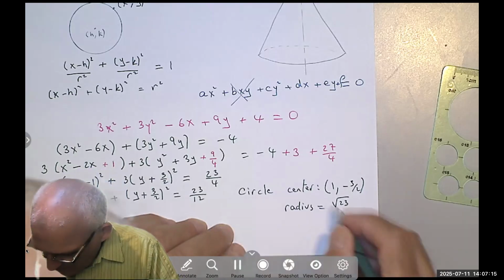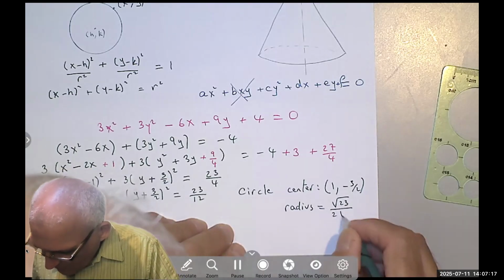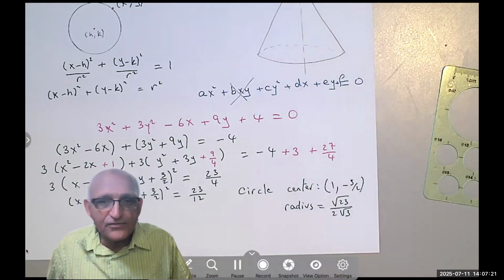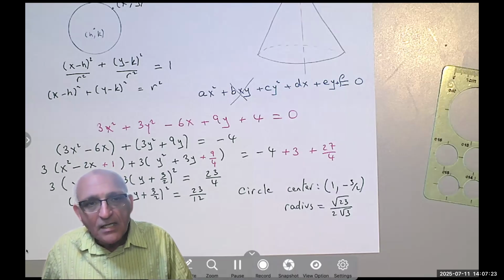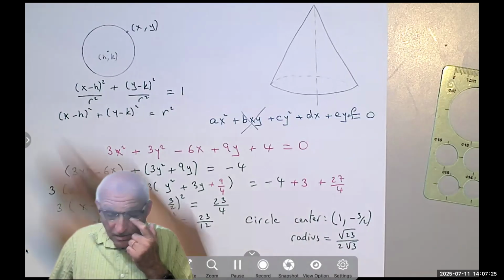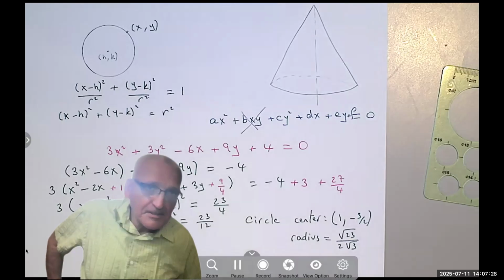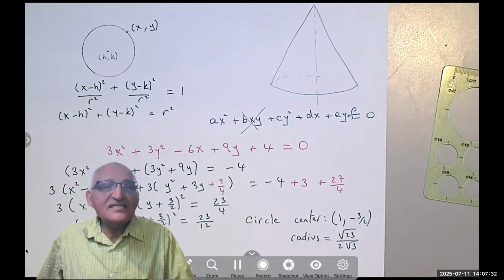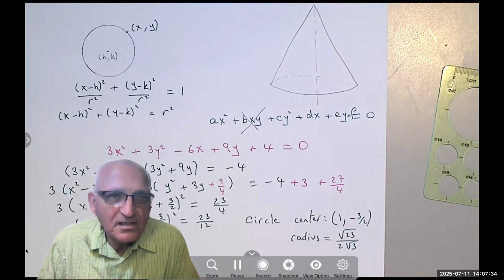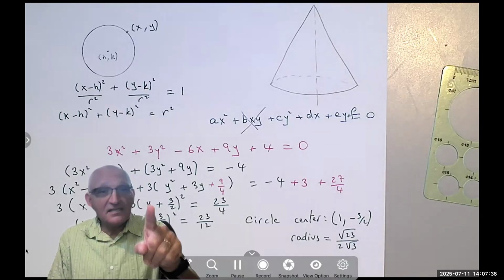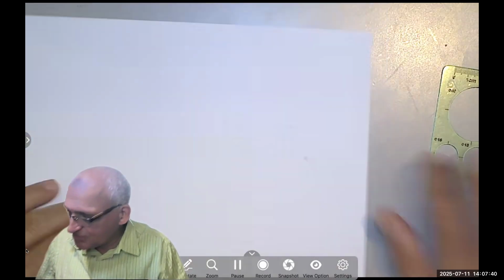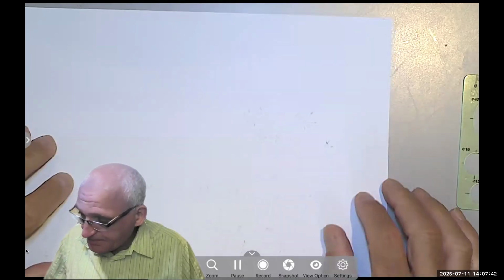So you can write it as square root of 23 over 2 root 3, or 1/2 square root of 23 over 3. So that's how you identify the circle. It's very easy. We say that the circle doesn't have eccentricity. So what is that? That's what we will see when we go to check the ellipse.